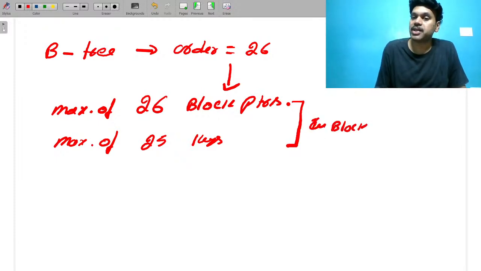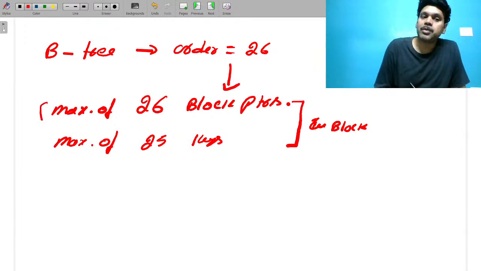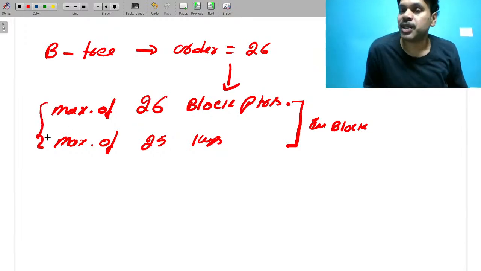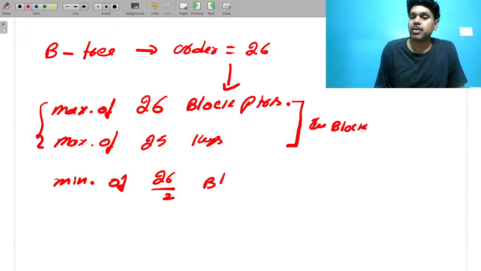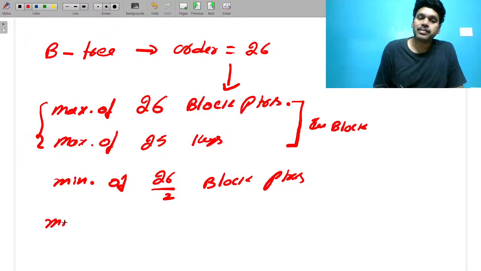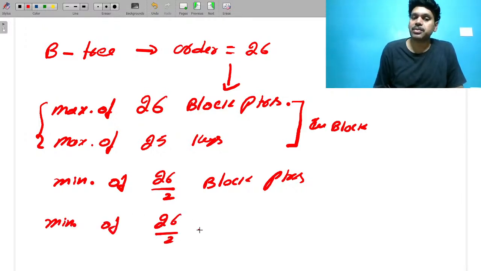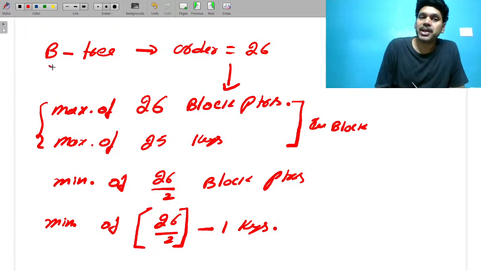A single block can consist of this much. And the minimum, you know: 26 by 2, minimum of 26 by 2 block pointers, and minimum of 26 by 2 minus 1 keys. This is about B tree.